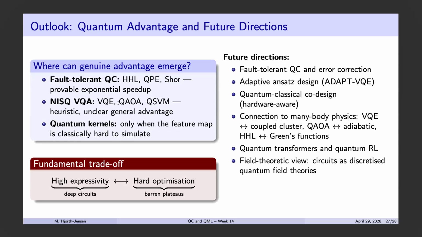Both the VQE and the QAOA and quantum neural networks have an unclear general advantage. So there's a lot of debate now of which is the best method. If we have a fault-tolerant quantum computer, then clearly the HHL and the QPE will typically be the preferred methods.